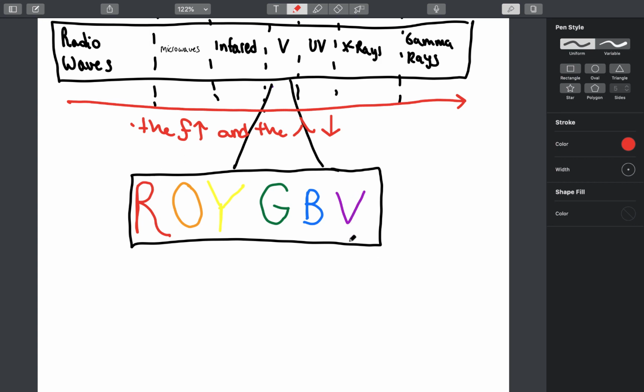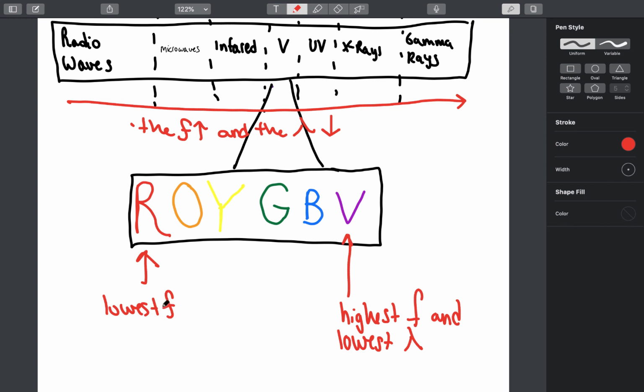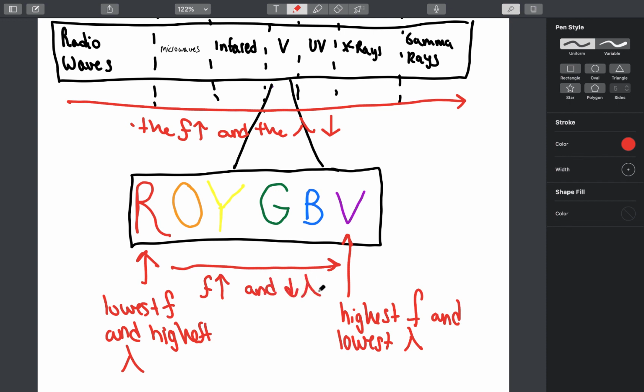Violet is the highest frequency and lowest wavelength, while red has the lowest frequency and highest wavelength. And this is also moving in the same direction as the spectrum above. So as we move from red to violet, you have increasing frequency and decreasing wavelength.